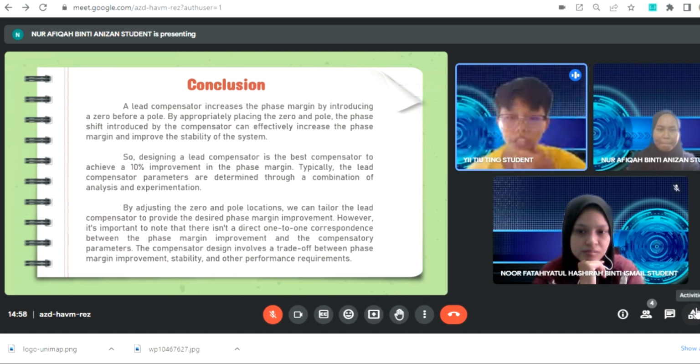By adjusting the zero and pole locations, we can tailor the compensator to provide the desired phase margin improvement. However, it is important to note that there is no direct one-to-one correspondence between the phase margin improvement and the compensator parameters. The compensator design involves a trade-off between the phase margin improvement, stability, and other performance requirements.